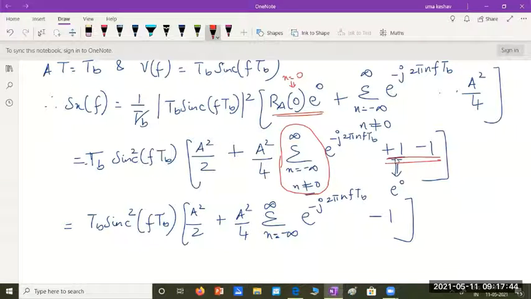So actual value will not change, but by adding this 1, I have also included the e power 0 term. So in my summation now, I need not write n not equal to 0. I can directly list n ranging from minus infinity to plus infinity along with n is equal to 0, because I know when n is equal to 0, I'll get plus e power 0, which I have included. So the other thing which is left out was minus 1. I will write it here. I hope this is clear.